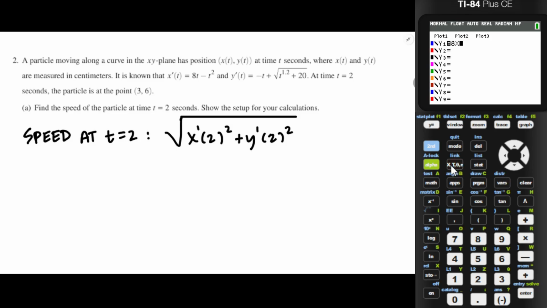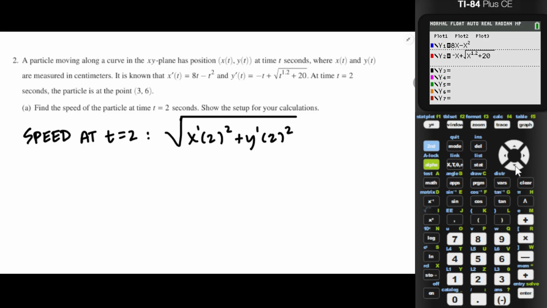So 8t minus t squared, and then negative t plus the square root of t to the power of 1.2 plus 20. Okay, that's interesting.